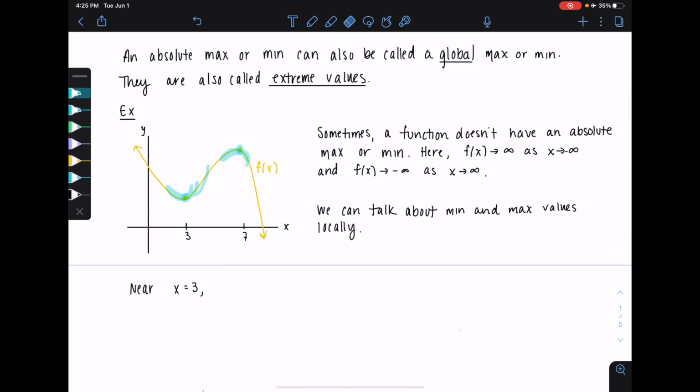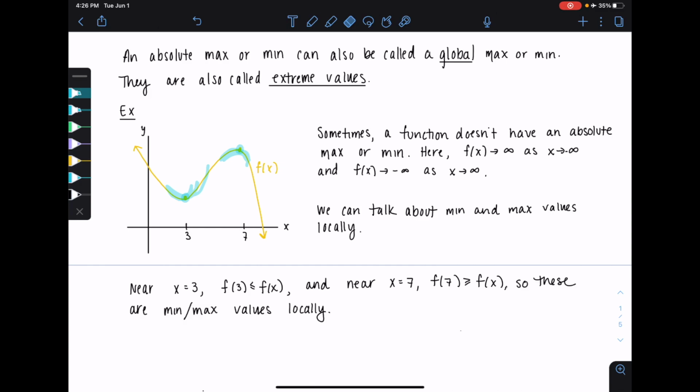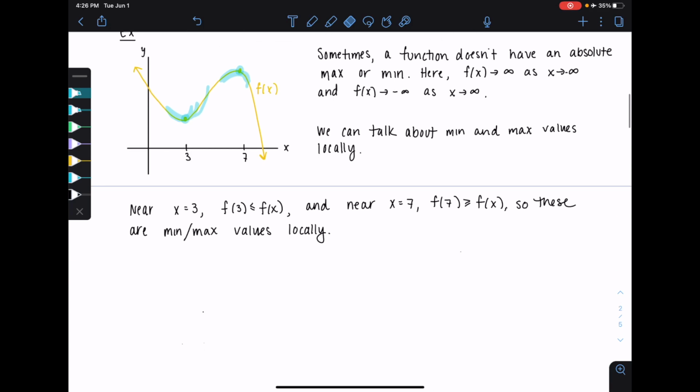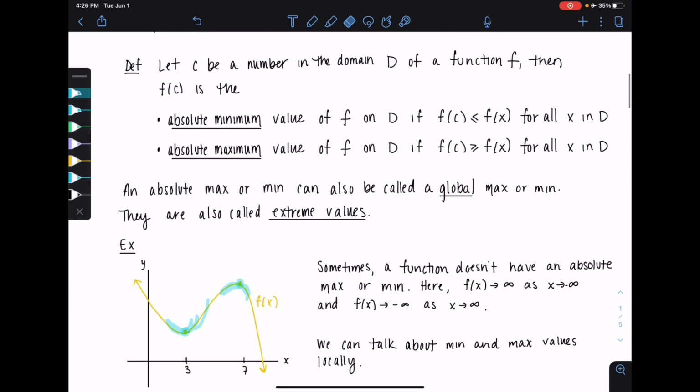So here, near x equals 3, the y value at 3 is smaller than all other y values around it. And likewise, near x equals 7, the function evaluated at 7 is the biggest it is nearby. So we would say these are min and max values locally. So really, the definition for local max and min doesn't change a ton from here.